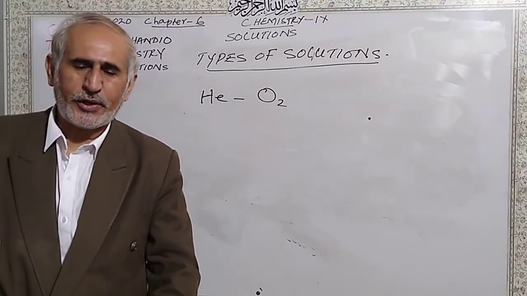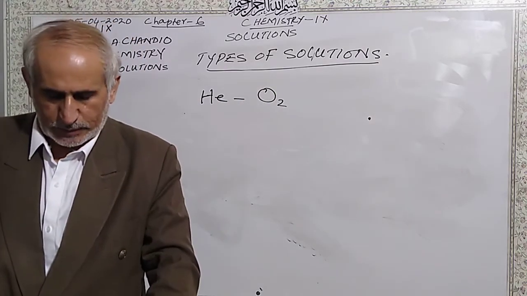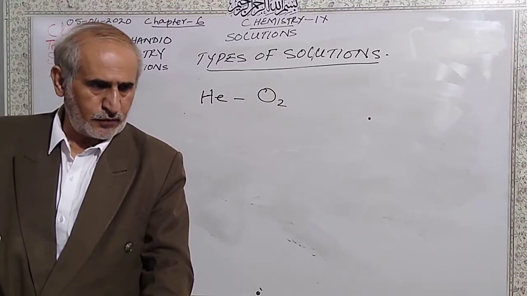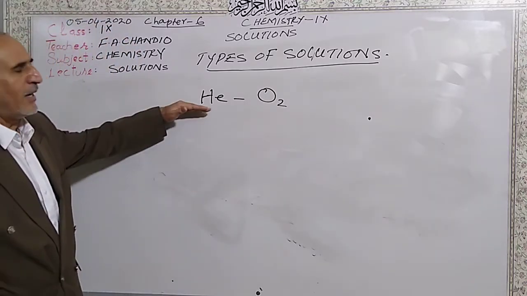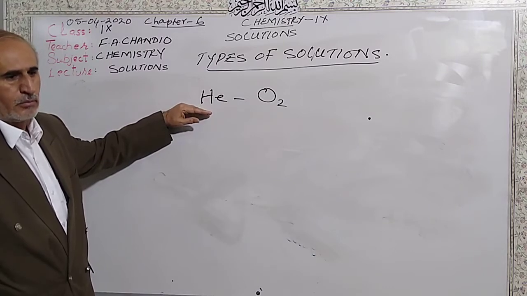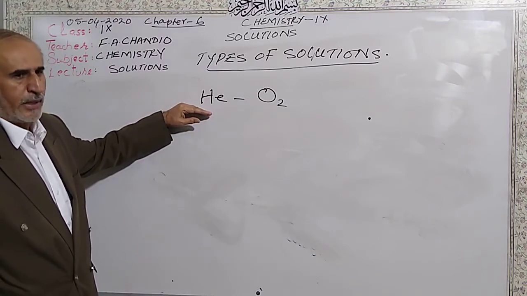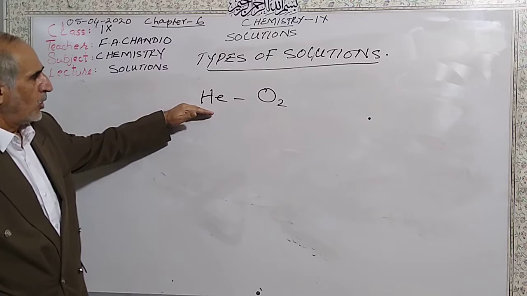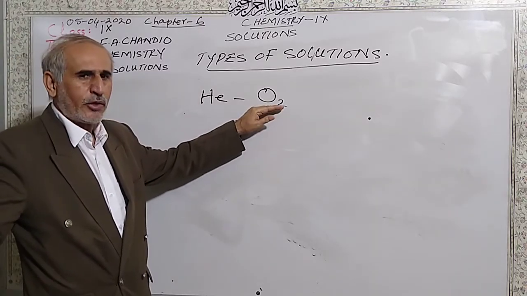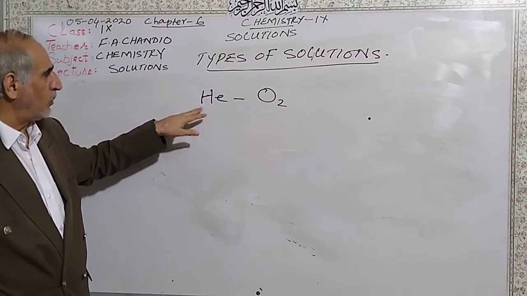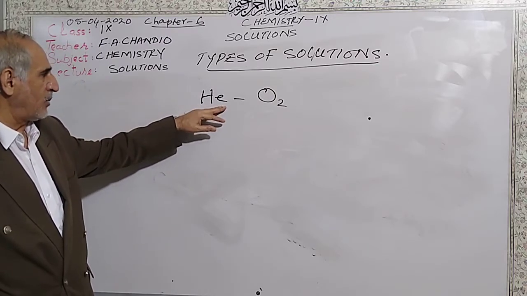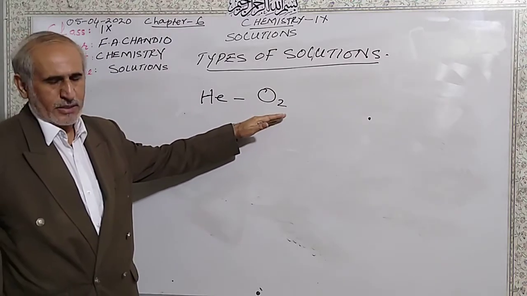If you see the periodic table, which you did in chapter number, I think, 3 or 4, the periodic table, helium is an inert gas in group number 8, a noble gas. Oxygen is present in group number 6. So inert gas, outermost shell is complete. It is a monoatomic gas, helium He, and oxygen is a reactive gas.